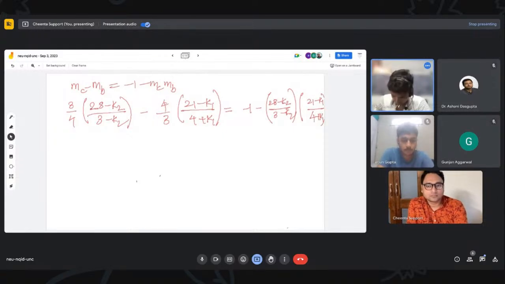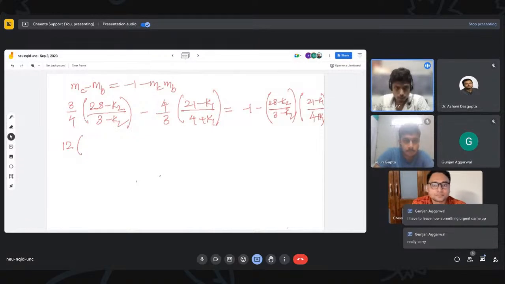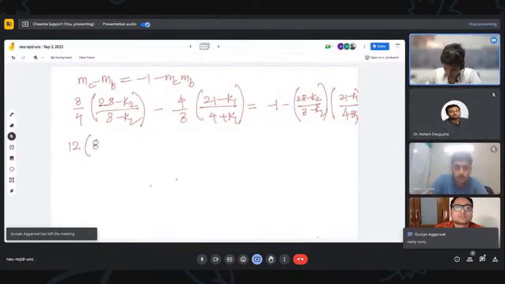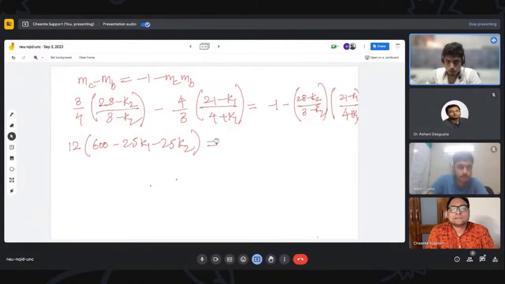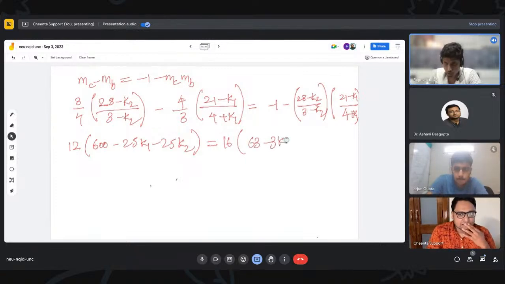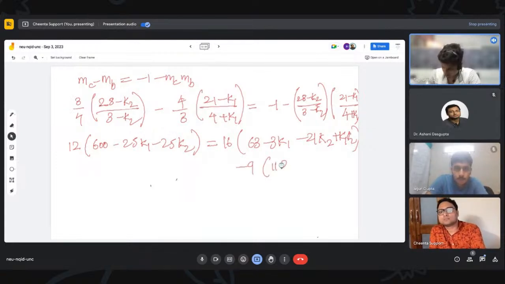Now this will be just writing after simplification. So 12 into 600 minus 25 k1 minus 25 k2 is equal to 16 into 63 minus 3 k1 minus 21 k2 plus k1 k2 minus 9 into 112 minus 4 k2 plus 28 k1 minus k1 k2.